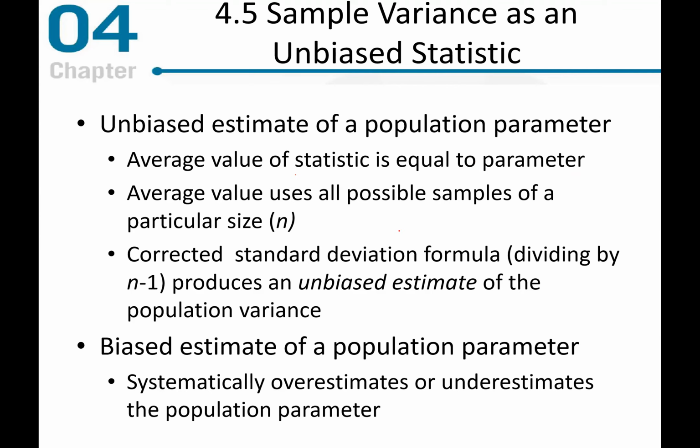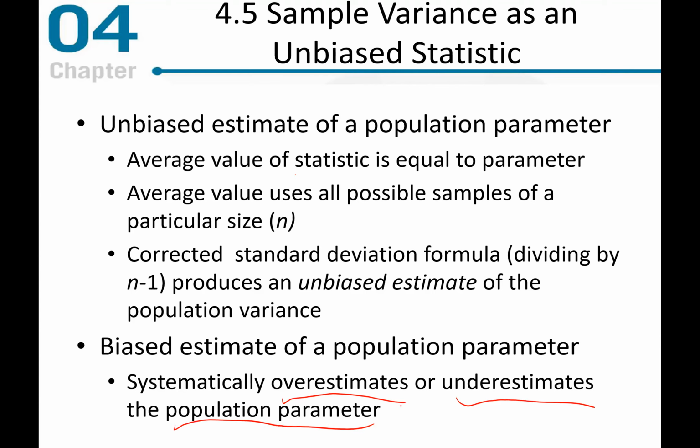Now, the corrected standard deviation formula, dividing by n minus 1, is going to produce an unbiased estimate of the population variance. A biased estimate of a population parameter is going to systematically overestimate or underestimate the population parameter.